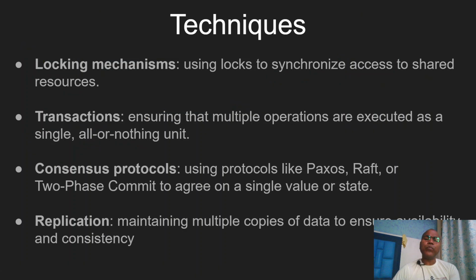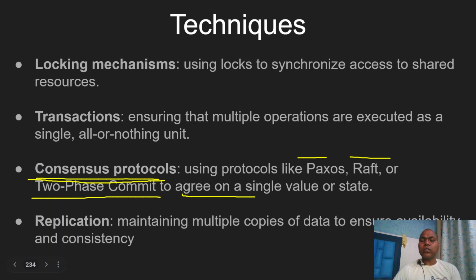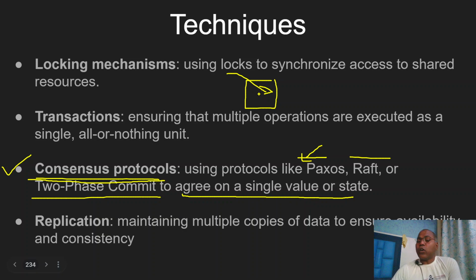And sometimes we also have to use specific consensus protocols. These protocols may be Paxos, Raft, or two-phase commit, to agree on a single value or state. So these are some different protocols. Two-phase commit is used by Google, and Raft is also used. They ensure that the updated copy is available everywhere.